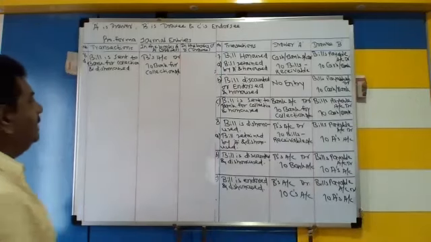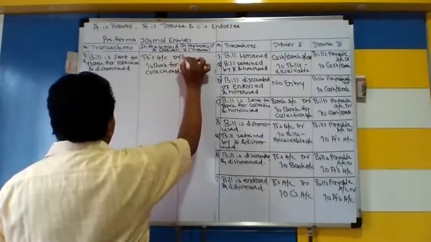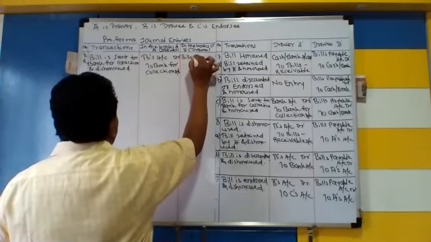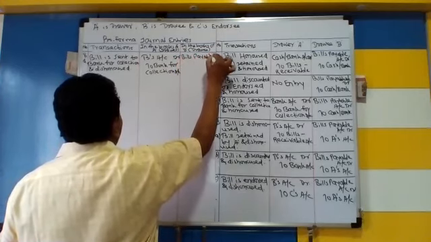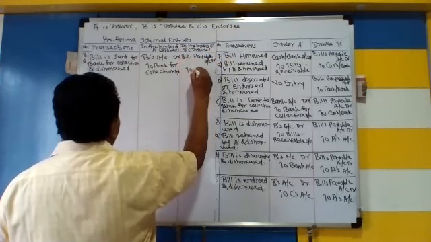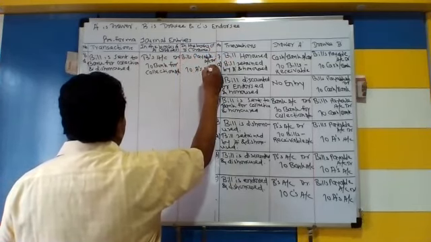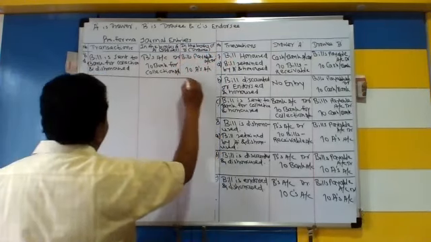Here the entry is the same. Bills payable account debit to A's account. Okay. So this is the entry 8D.